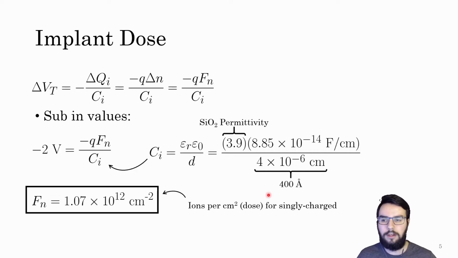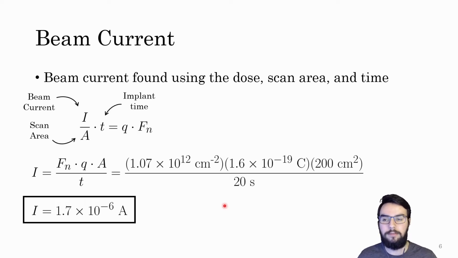So we can sub in values, -2 volts, and find that the implant dose will be 1.02 times 10 to the 12 per centimeter squared. This means that we need this many ions per centimeter squared as a dose of singly charged species.